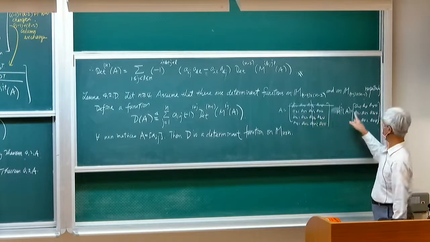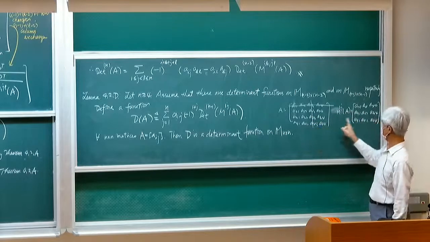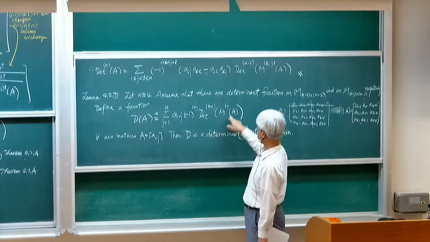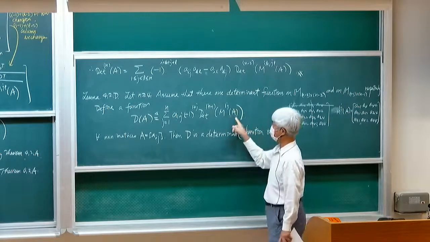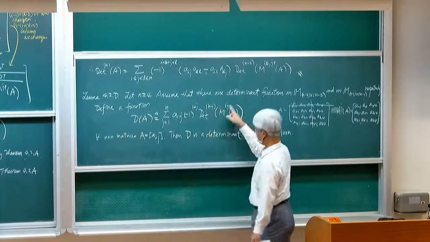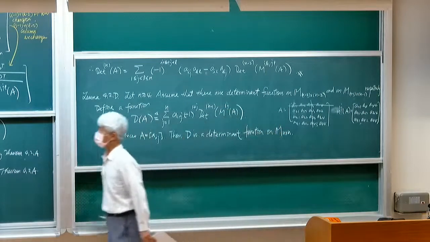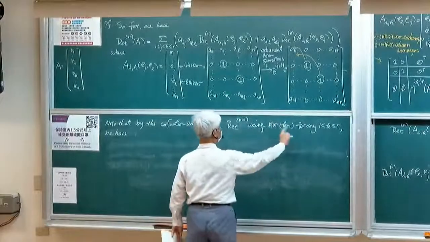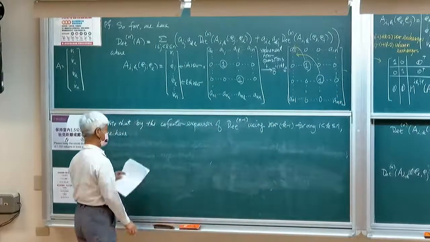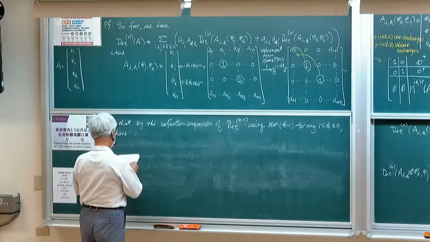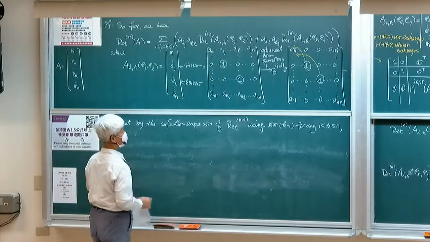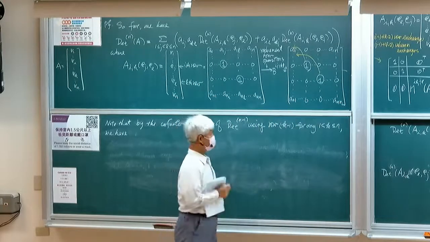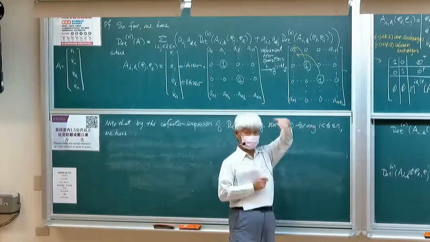The third row becomes the second row, and so on. So in general, the kth row of A becomes the k minus 1th row of the M1j minor. So we expand them using row k minus 1, for any k. We can select an arbitrary k, just any k.